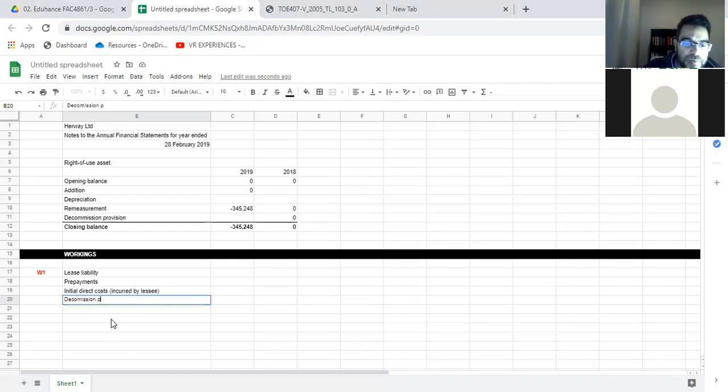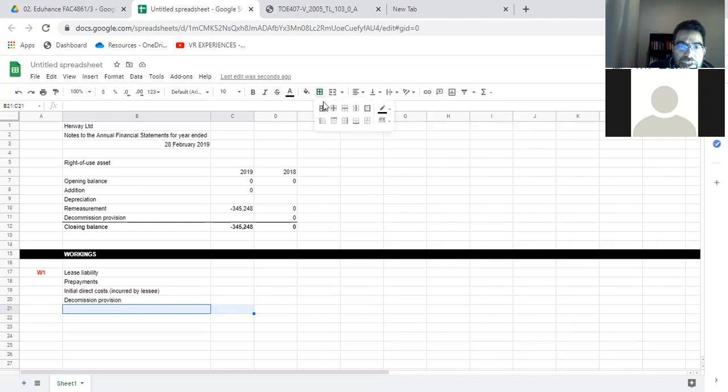That is what's going to make up our right of use asset. So this is initial measurement. When is initial measurement? 1 October 2017. So this amount is the amount at initial recognition.